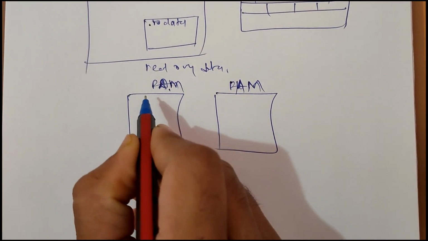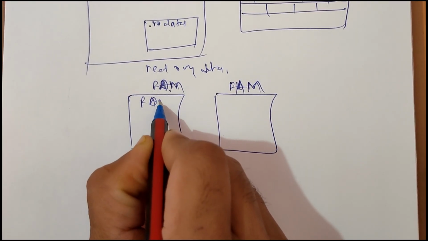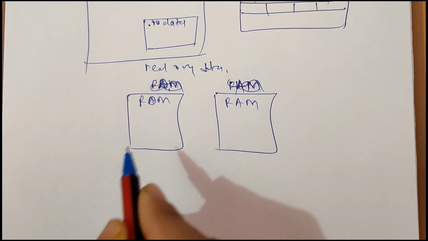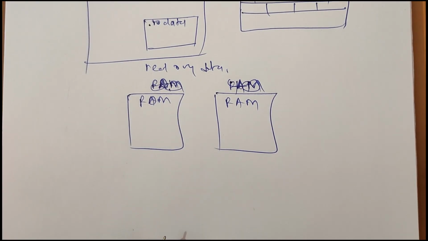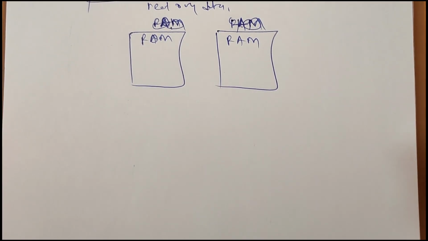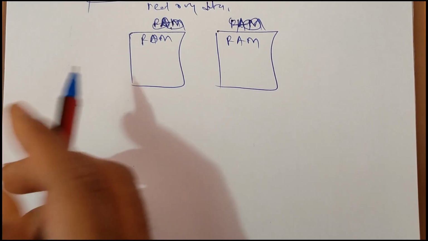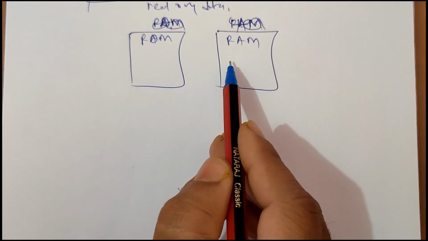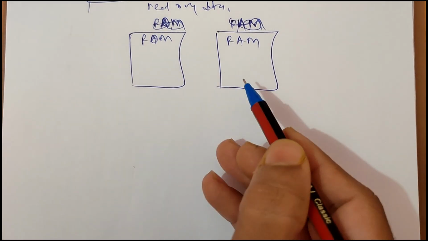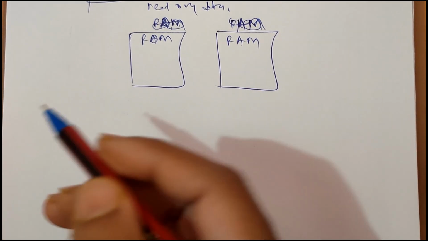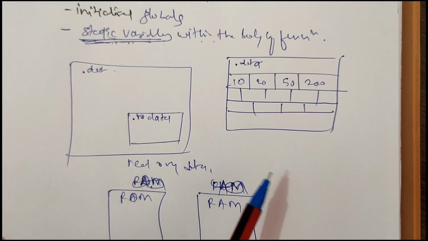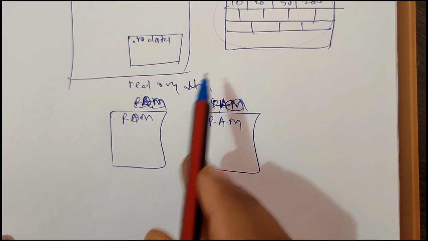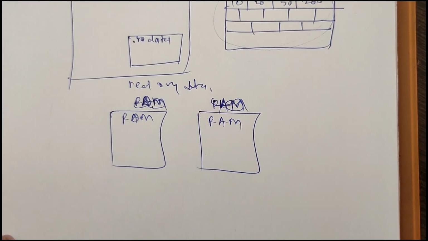To understand where the data section should be located, we have to reason about it. We will discuss on the basis of where I should put my data section, in ROM or in RAM, by considering the requirements and what things are in our data section. We will have a discussion on this.